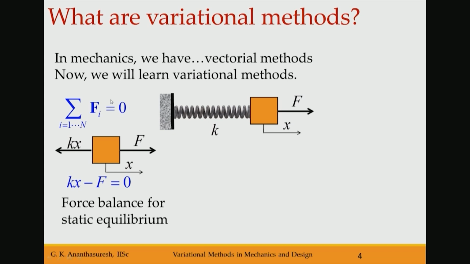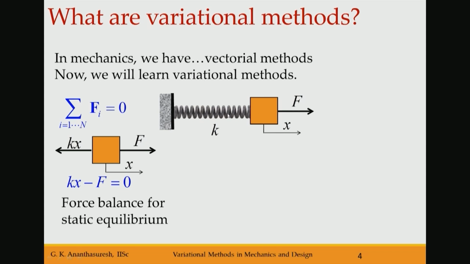That is when the body will be in equilibrium, whether it is an elastic body, rigid body, any body will be in equilibrium when all forces acting on it are balanced. That means the vectorial sum of all those forces is equal to 0, that is what we call vectorial method.